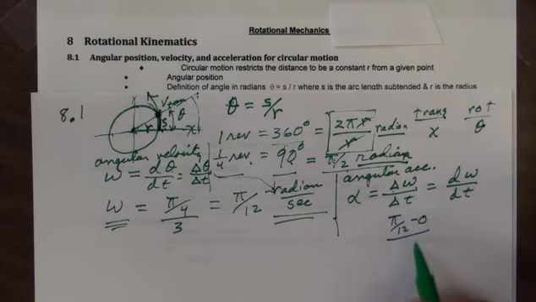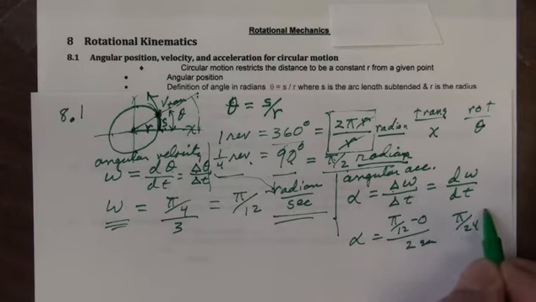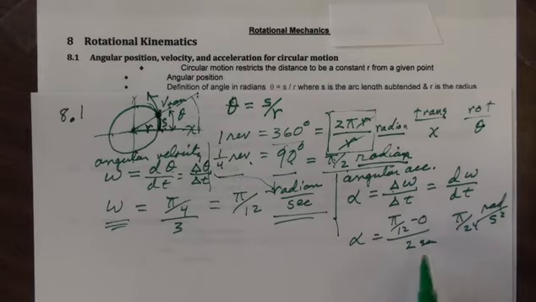That's our change in omega. And I said we did that in 2 seconds. So alpha would be pi over 24, and that would be radians per second squared. So I've divided by another second here. And that tells us how to do angular acceleration.